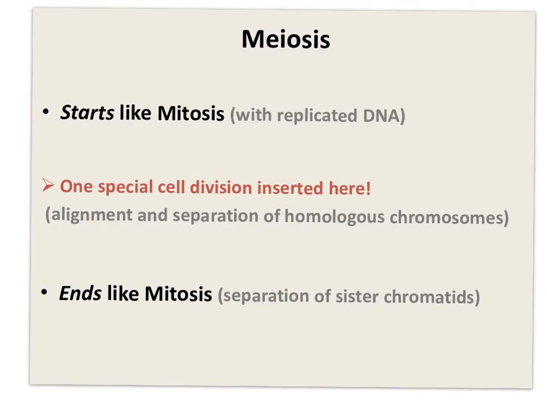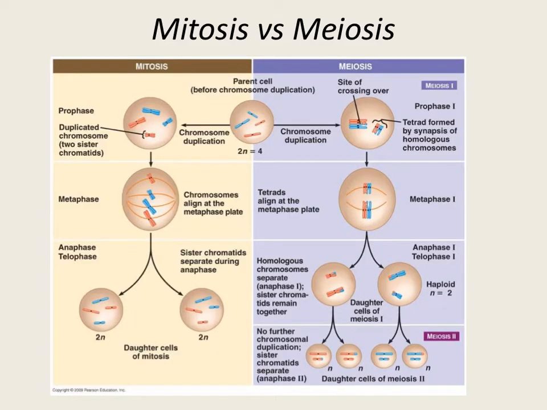Okay, so starts like mitosis. One special cell division is inserted here, okay? Alignment and separation of homologous chromosomes. And then this is what basically meiosis 2 is like. So it's pretty much like mitosis.